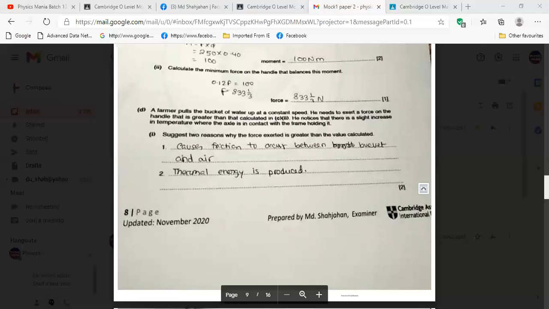Now I get it. It is not appropriate because it's about the forces. Your idea is not wrong, but it's not what they asked you for. Okay.